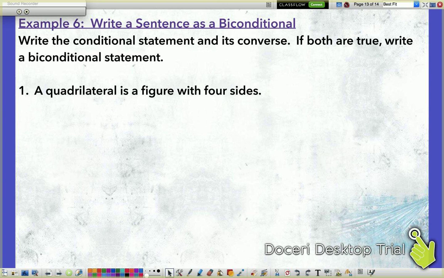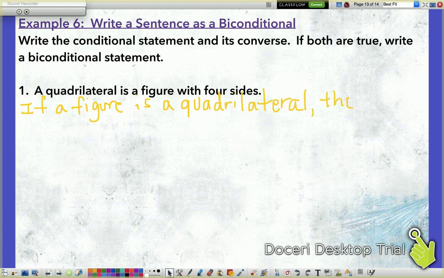So let's write the conditional statement. That's where we put the if and the then. So if a figure, I should have typed this, is a quadrilateral, then it has four sides.